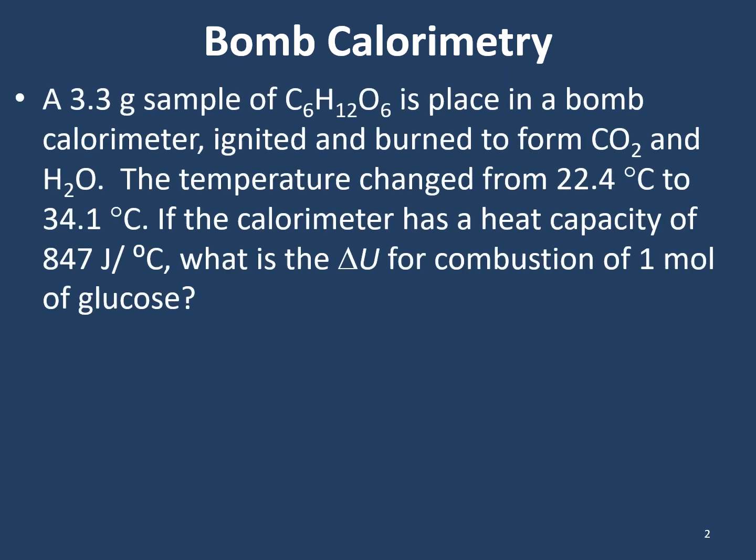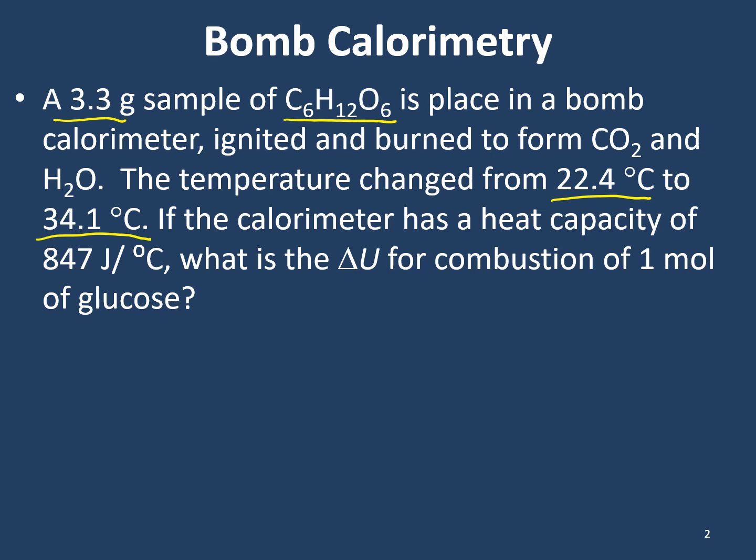So let's do an example problem. We're going to blow up 3.3 grams of glucose, and it's ignited, we burn it, we form H2O and CO2, and when this happens, the temperature changes from 22.4 degrees Celsius to 34.1 degrees Celsius.